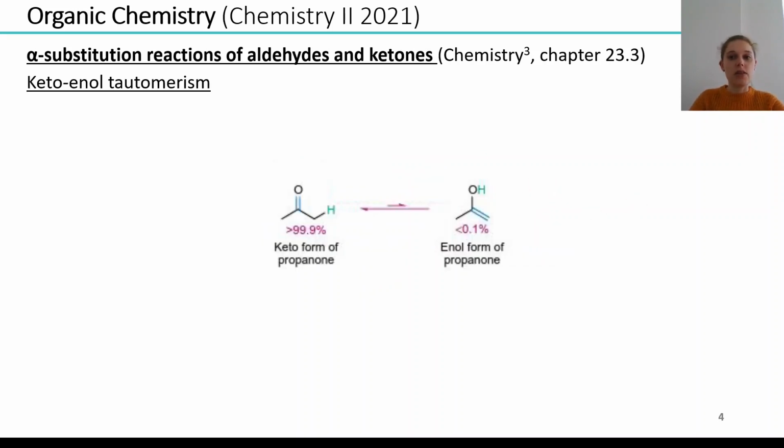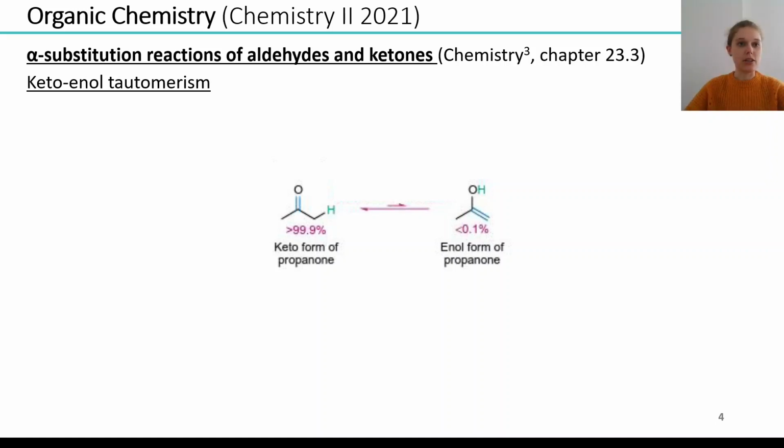Aldehydes and ketones with hydrogen atoms in alpha position are in equilibrium with structural isomers, the so-called enols. And for most aldehydes and ketones, the most stable structural isomer has a carbon-oxygen double bond and is called the keto form. The enol form is derived from the keto form by the transfer of a hydrogen atom, and it has a carbon-carbon double bond with a hydroxide substituent.